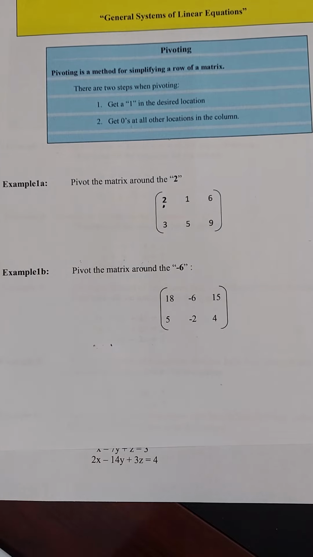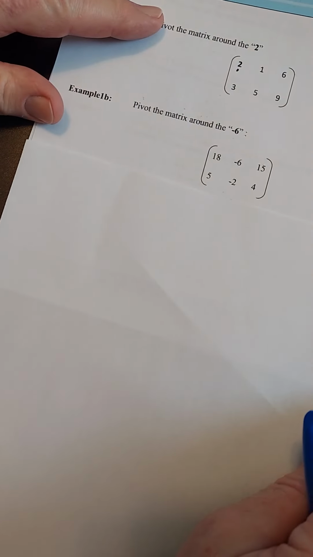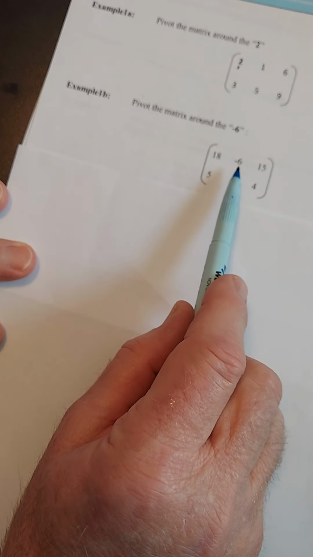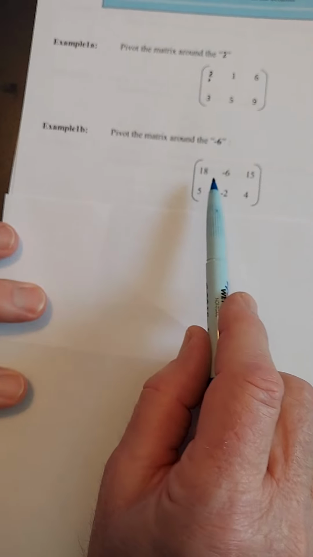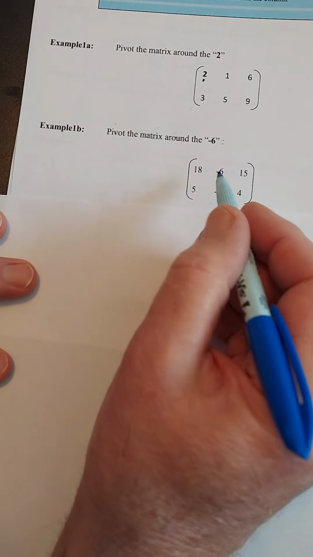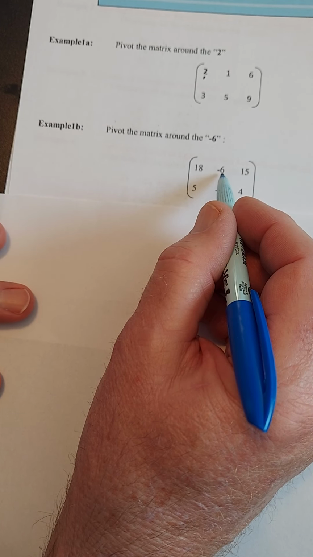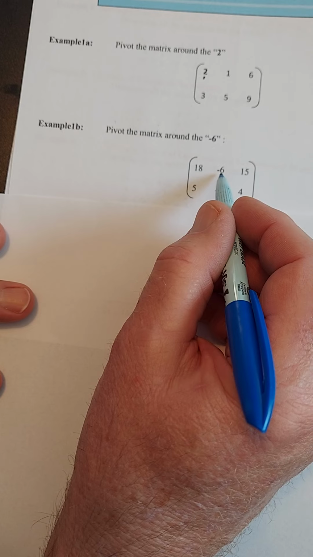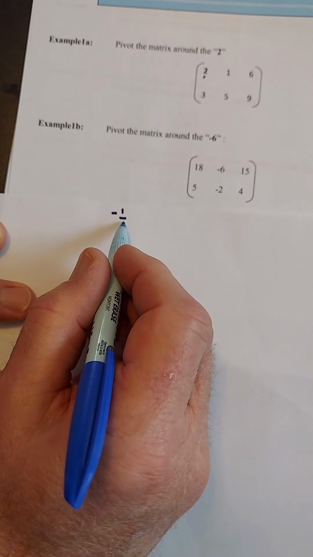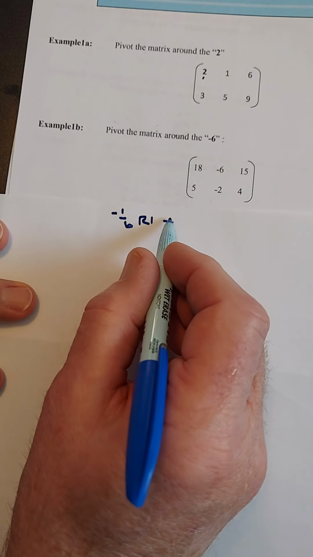Let's do another example. Same type of problem, we're going to pivot. This was actually in the book. This one says pivot around the -6 right here. Probably make you guys dizzy moving these papers around. So that means we want to make the -6 into a 1. So we're going to multiply by the reciprocal. The reciprocal of -6 is -1/6 times row 1.